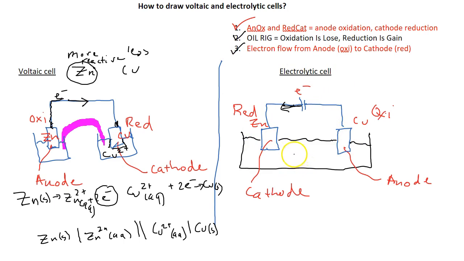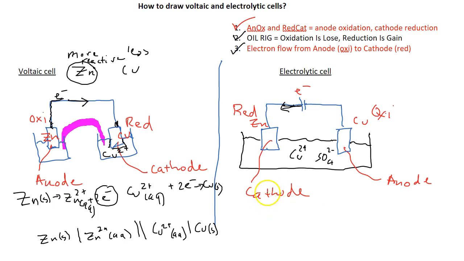So it depends on what metal ion is in this solution. So let's say you have copper sulfate, CuSO4. CuSO4, when you have it in the liquid, is going to be Cu2+, SO4 2-, right?